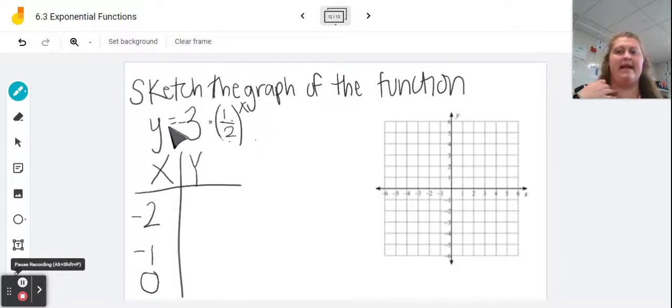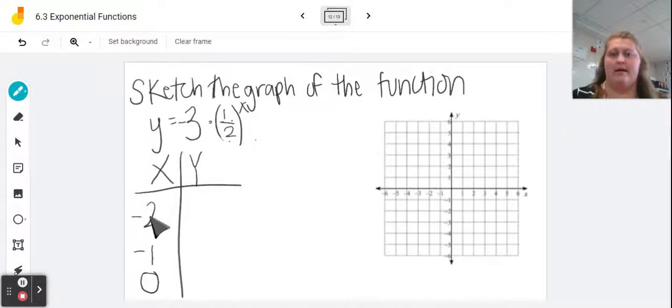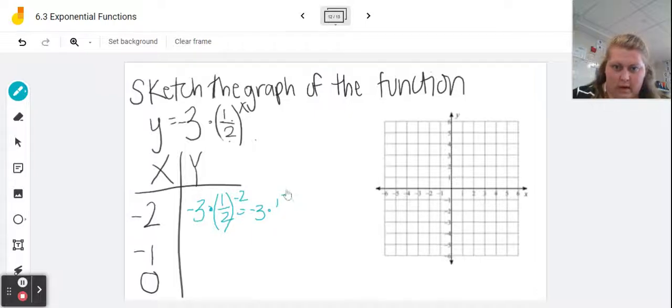This time I have a negative a value, and my b value is 1/2, so in between 0 and 1 again. I'm going to do -3 times 1/2 to the -2. I might not have enough room, so I'm going to write kind of small. So that will really be -3 times 1 to the -2 over 2 to the -2. Then I'm going to do like I did last time and swap them so they're positive.